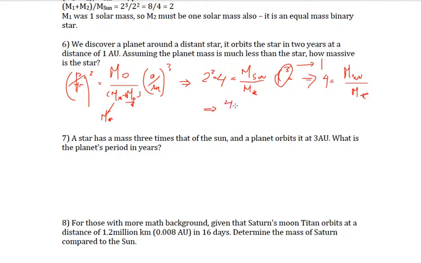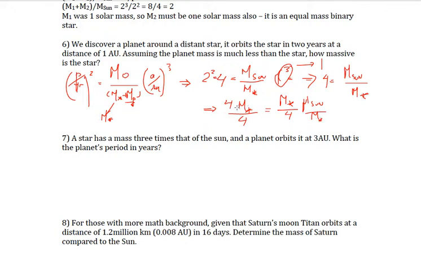Four times the mass of the star, I'm multiplying both sides by m star and dividing, equals m star divided by 4, times m sun divided by m star.